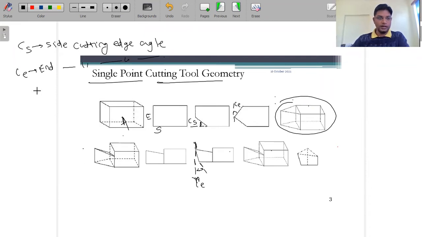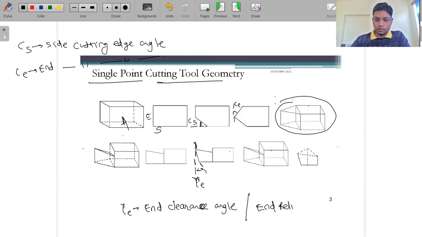Gamma E is the end clearance angle, or sometimes we also call it the end relief angle, which we discussed in the basic terminology part. It provides some kind of relief to the workpiece as well as the tool, so that's why we call it a relief angle.